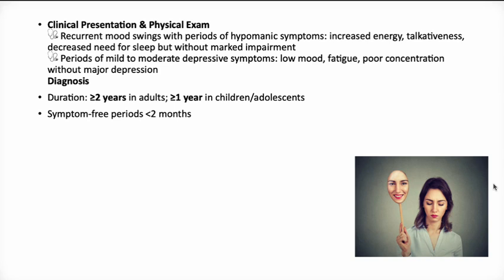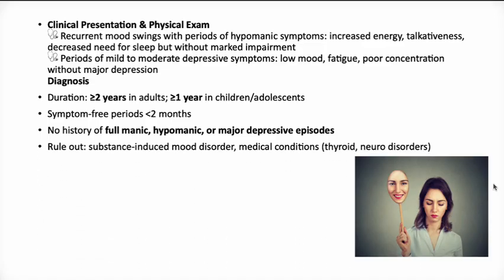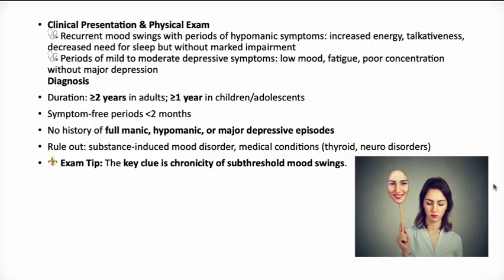They were never symptom free for more than 2 months. We should be thinking cyclothymia. No history of full manic, hypomanic, or MDD. As always, you're going to rule out the substance-induced mood disorders or other medical conditions related to thyroid or neurological disorders. Exam tip, the cue is chronicity of subthreshold mood swings.